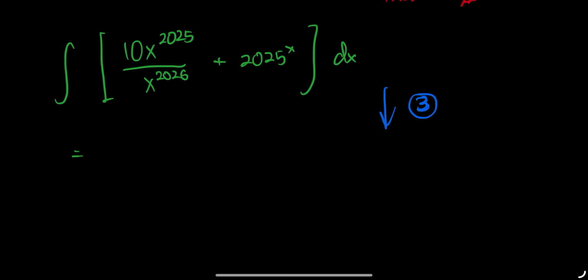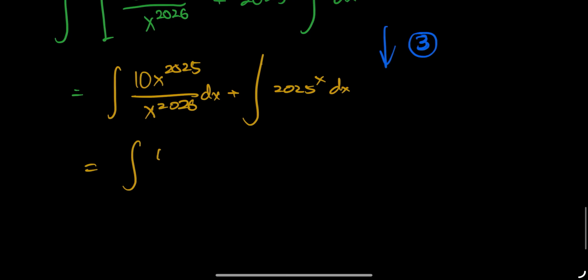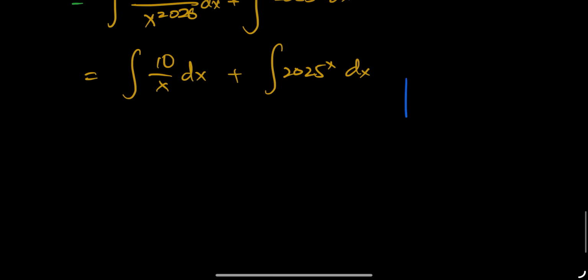So this is the integral of 10x^2025 over x^2026 dx plus the integral of 2025^x dx. The first one is the same thing as 10 over x dx. Here we can incorporate our constant multiplication rule that helps us bring 10 out of the integral.